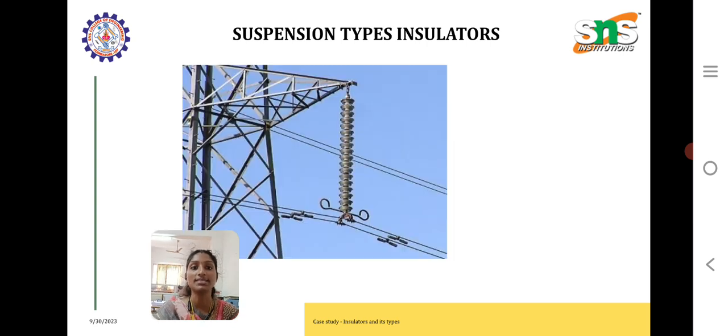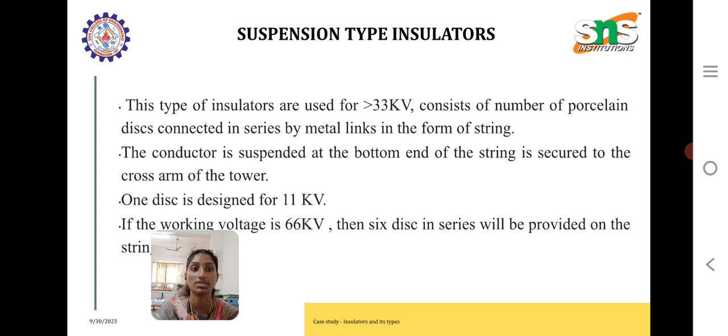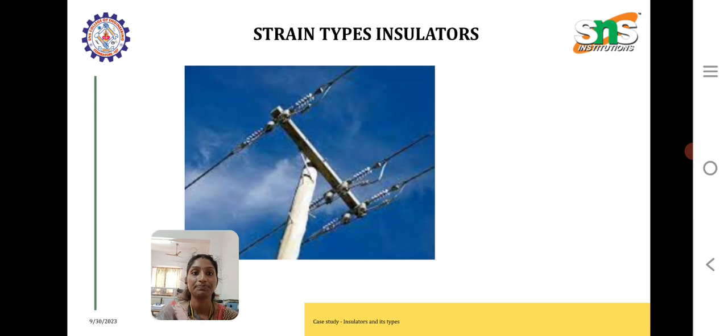Each disc is called a porcelain disc. The conductor is suspended at the bottom end of the string, which is secured to the cross arm of the tower. It is designed in such a way that one disc is for 11 kV. So if the working voltage is 66 kV, then we will have 6 discs in that suspension type.